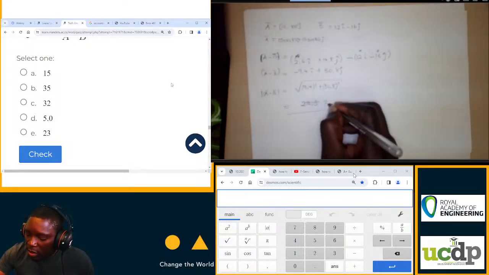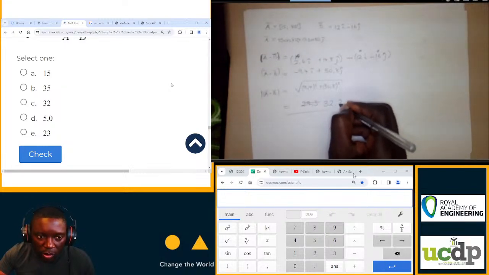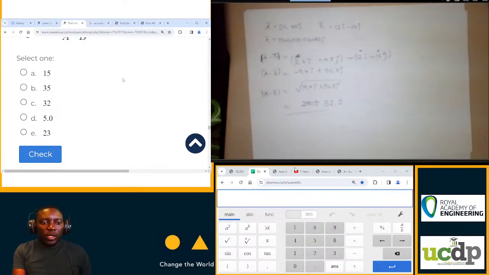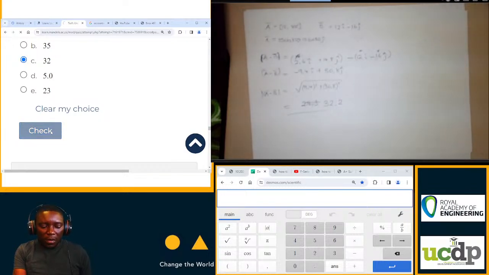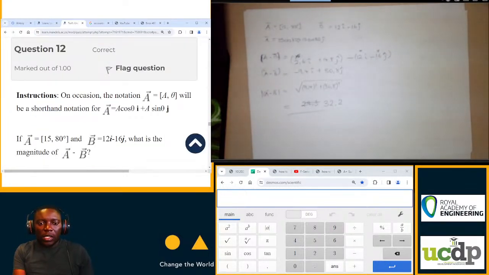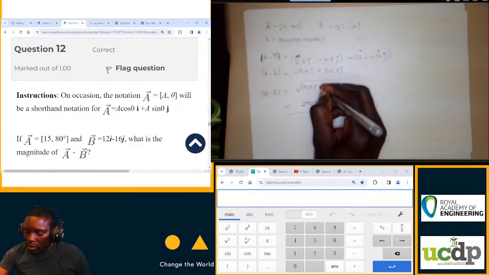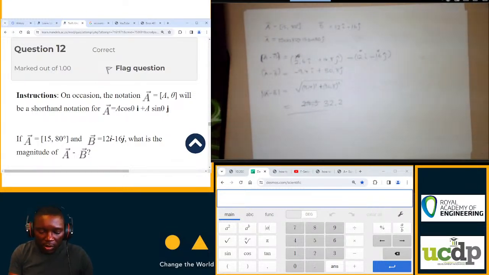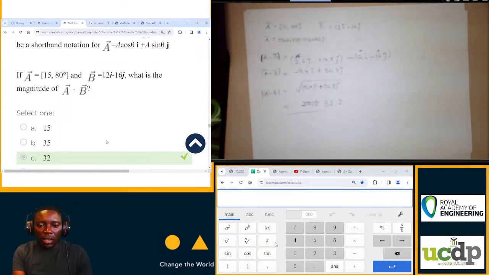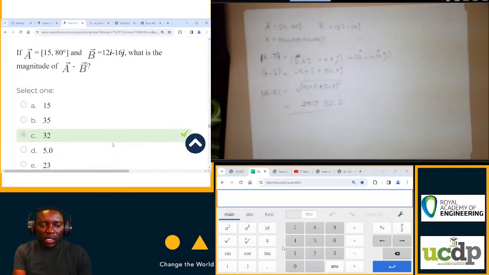It's actually 32.2, which is this 32 here. So everything else is okay. It's just I'd punched something on my calculator the wrong way. But that gives you 32.2 for the magnitude, which is rounded to two significant figures as 32.